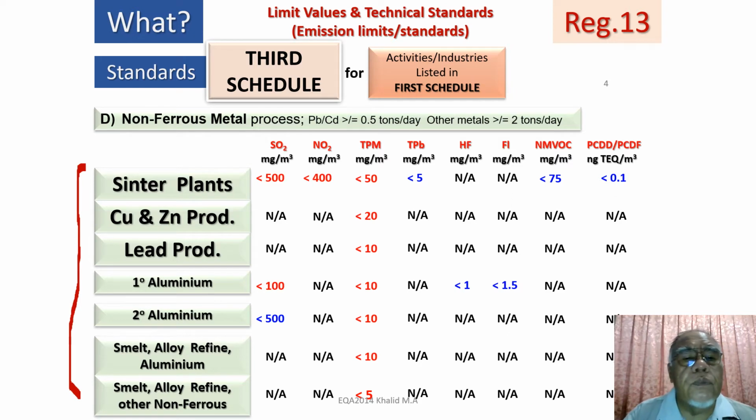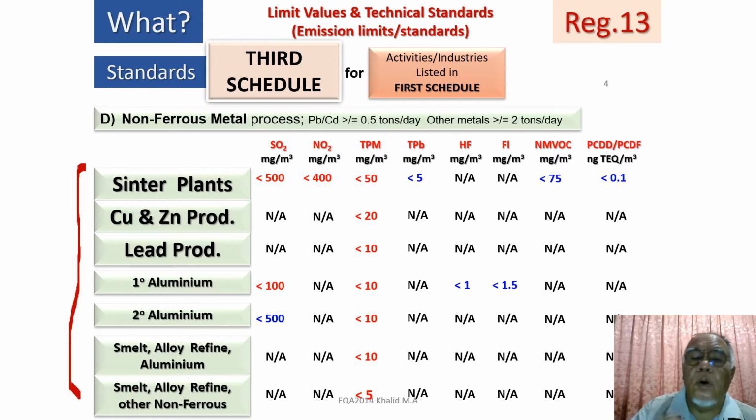Okay, and the law stipulates sinter plants, copper and zinc production, lead production, primary aluminium production, secondary aluminium production, smelting and alloy refining of aluminium, all right, and smelting and alloy refining of other non-ferrous metals like nickel, copper, etc.